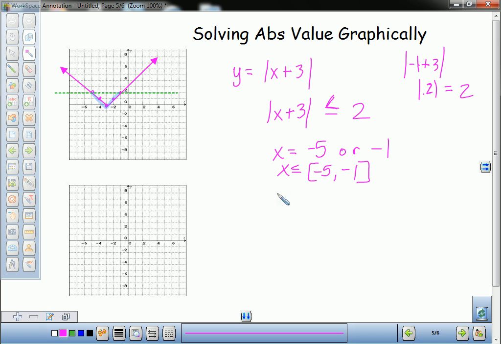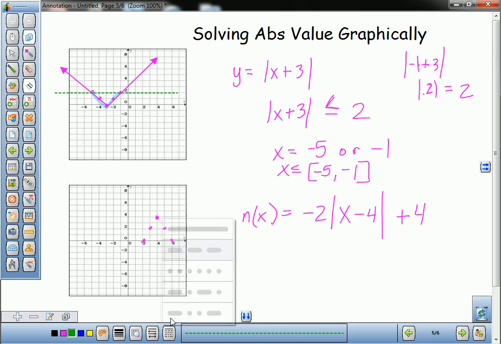So let's say we had this function. N of x equals negative 2 times the absolute value of x minus 4 plus 4. So we'd come over to the right 4, up 4. My slope is down 2 over 1, opposite going left, down 2 over 1. Okay, and so we're going to graph this function.